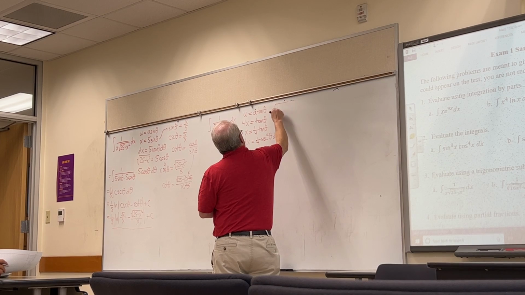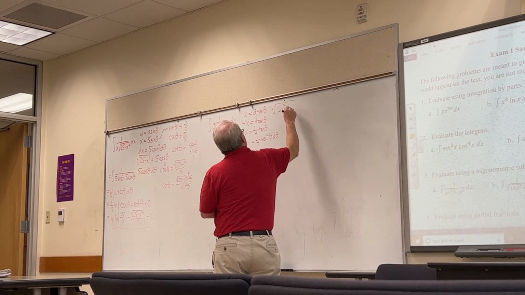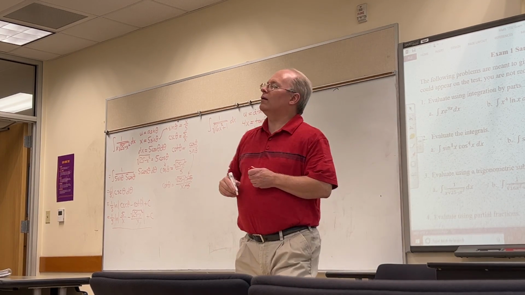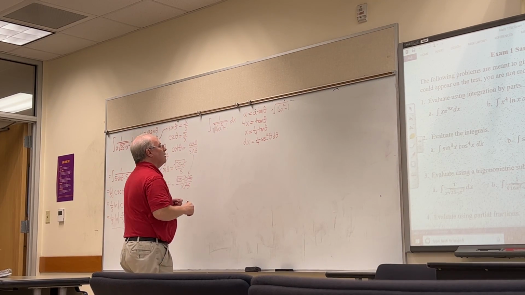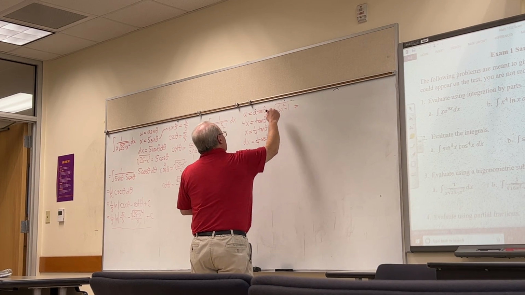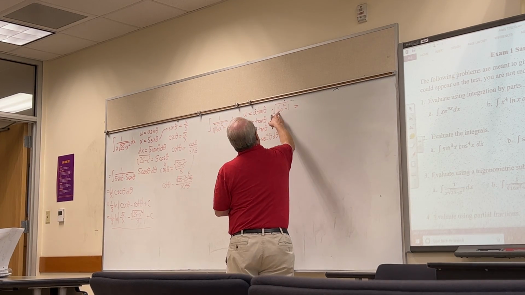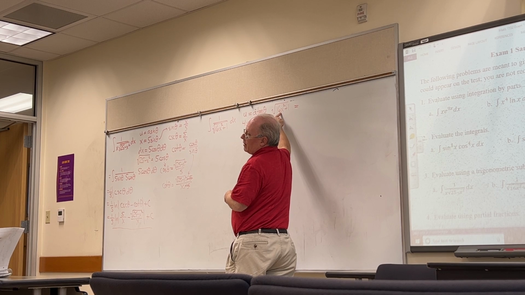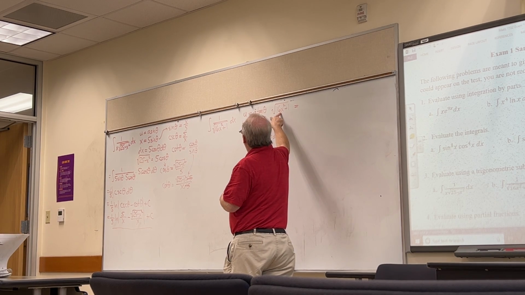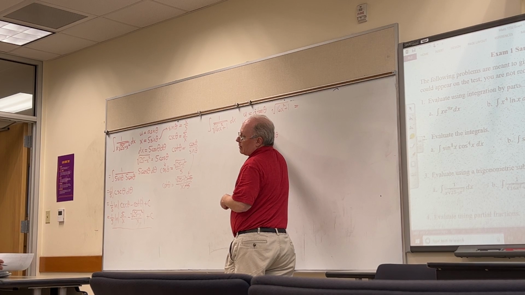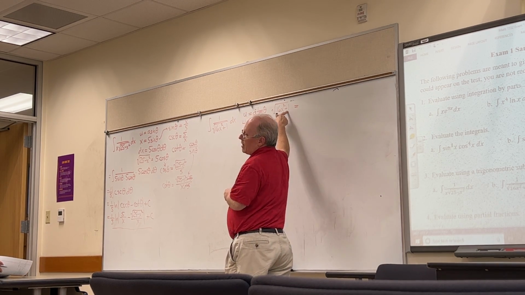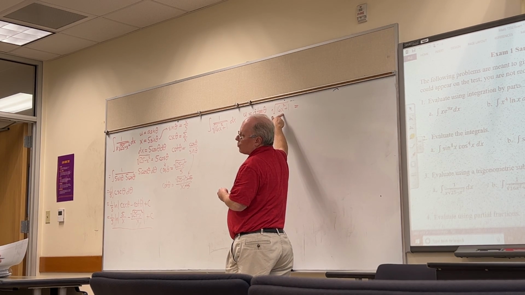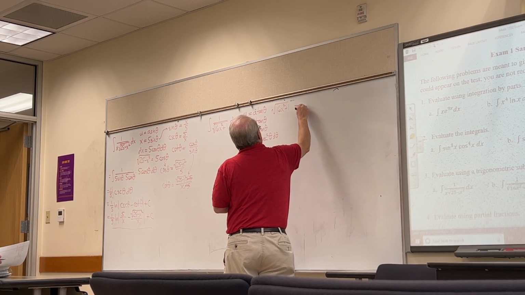And then the square root of 16x squared plus 1, what's that going to be equal to? Since 4x is tangent of theta, 16x squared is this squared, so that's tangent squared of theta. And what's tangent squared of theta plus 1? Secant squared of theta. So when you take the square root, it's just equal to secant theta.